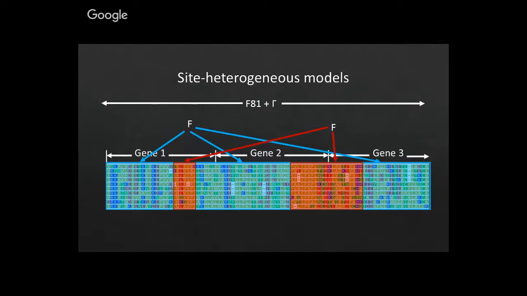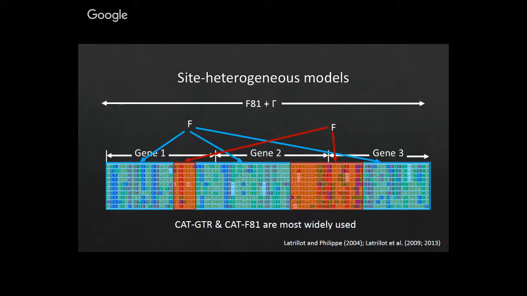The most widely used site heterogeneous models are these CAT models, and they either assign the GTR matrix, where the relative exchangeabilities would be derived from the data, or F81. You'll also hear CAT-F81, or this referred to as either just the CAT model or CAT-Poisson. This is where you have equal relative exchangeabilities between amino acids for the entire data matrix.